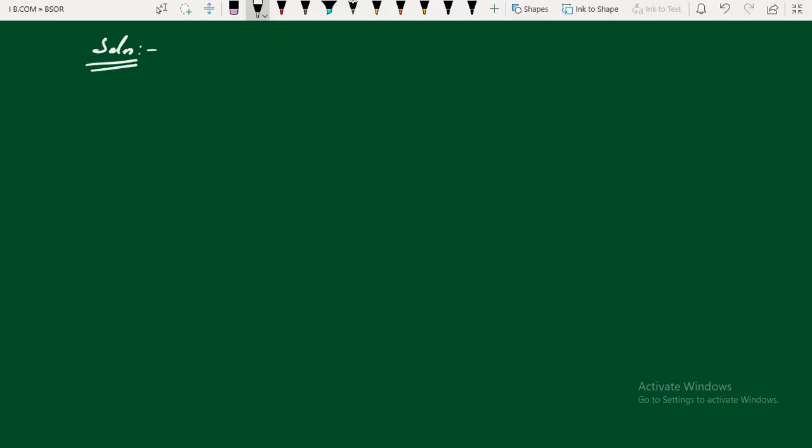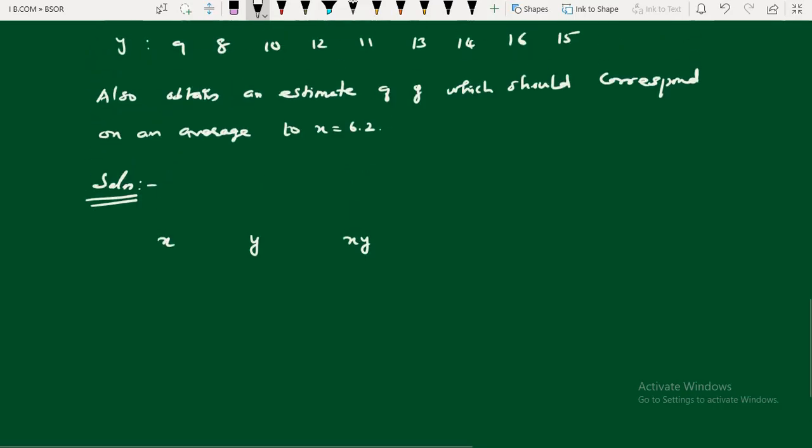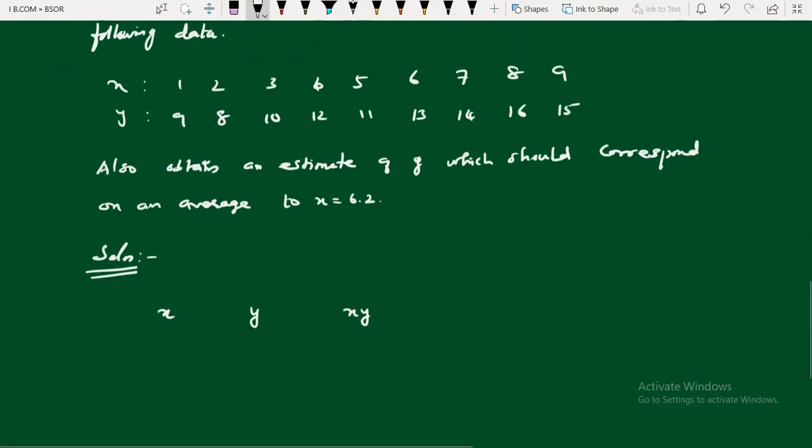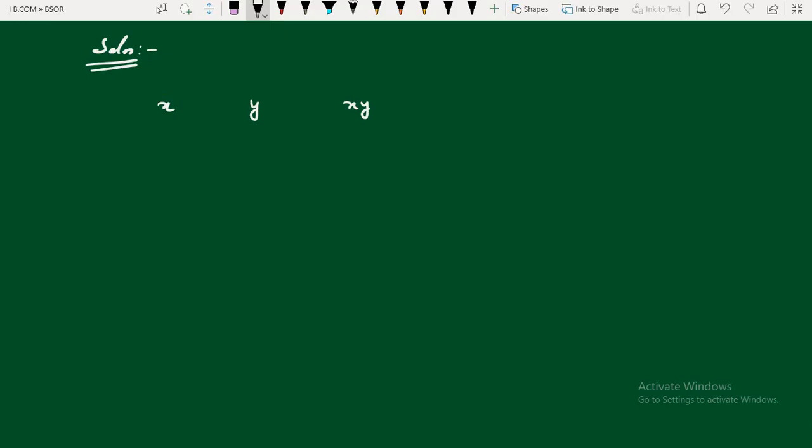Just frame the table now. First take the x value and y value. Then we need the multiplication of the two values, x into y. The same problem we can do for the y and x equation also, and x and y also. I will proceed for y on x here, and do the next problem for the other.